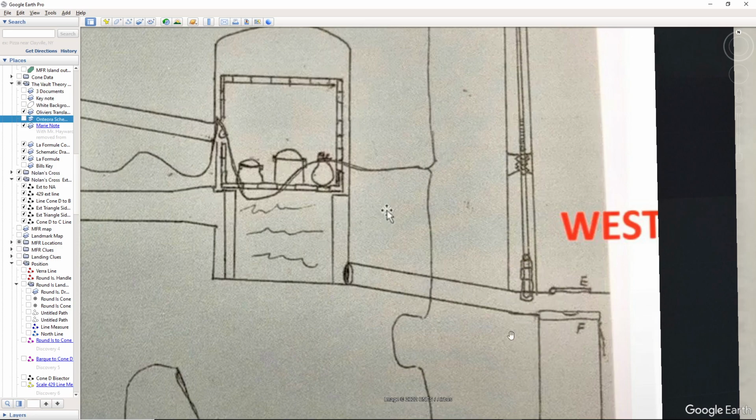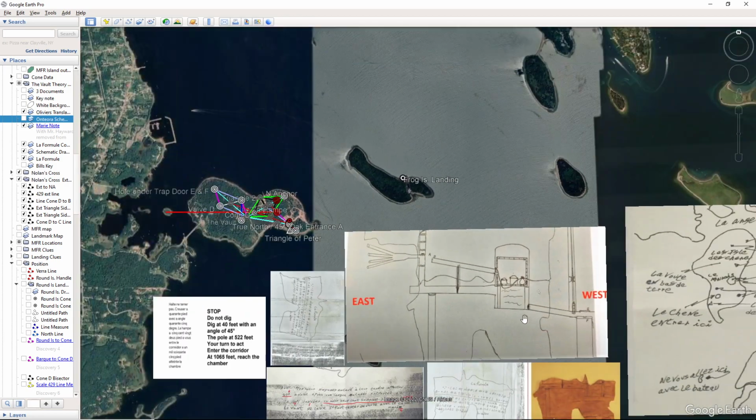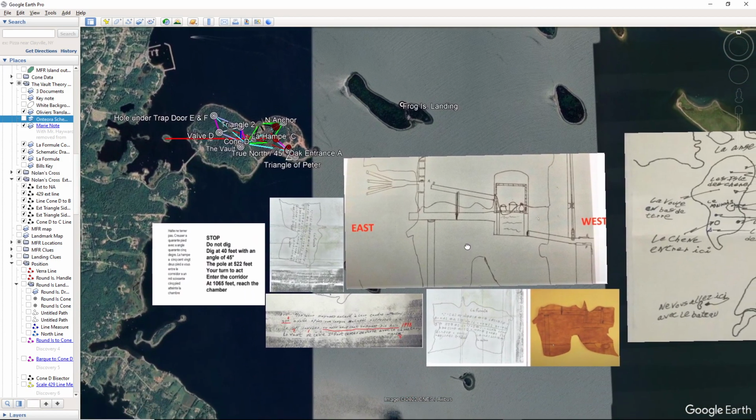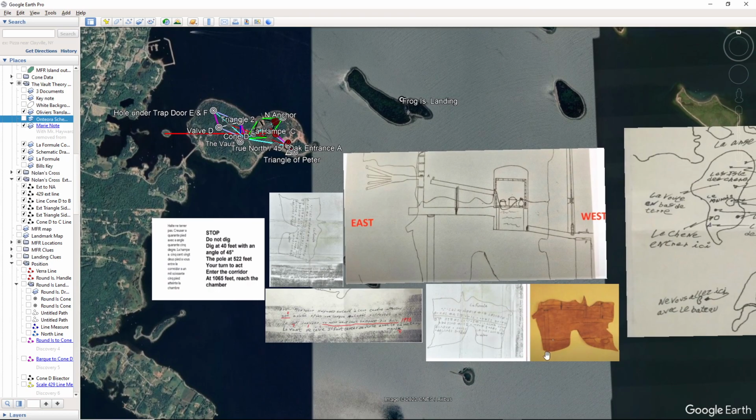Then you open that, and then you have to open the trap door, and that is La Trappe. And then the hole, which is La Trou, is F. So you uncover the hole, and this is the hole under the trap door. So that's the basic things about the Antiara schematic.